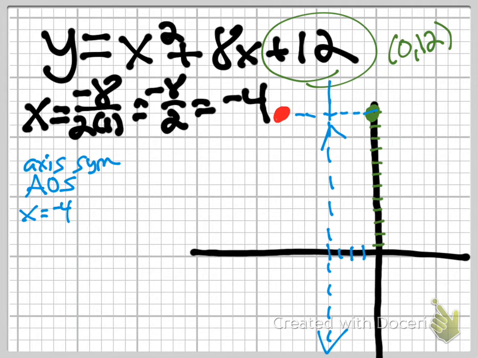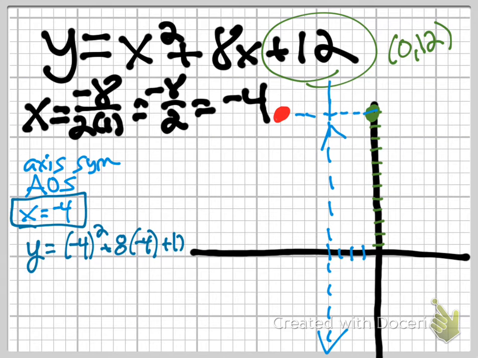Now, here's something to think about. If x equals -4, okay? So I want you to follow with me here. We know that we got the x equals -4. And I know my vertex has to be on here. If I take that -4 and I put that in for x, I'm going to get 16 plus -32 plus 12.